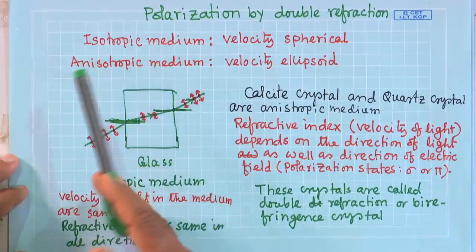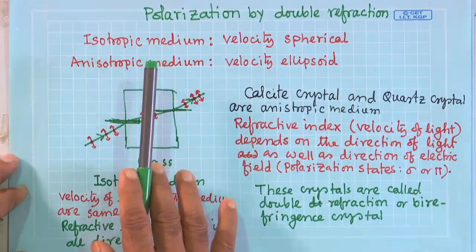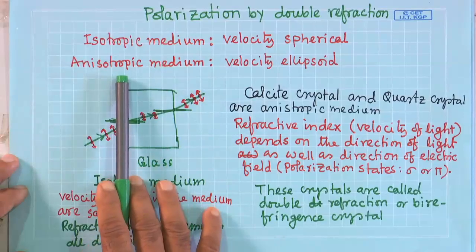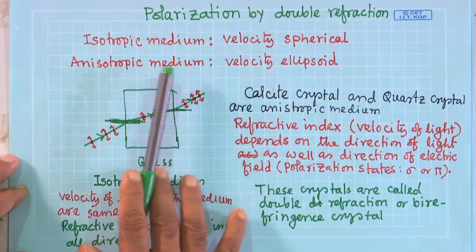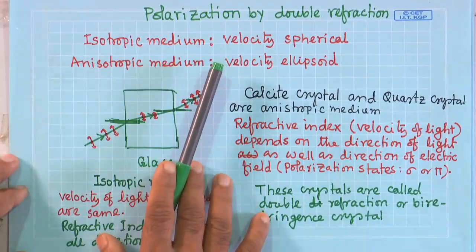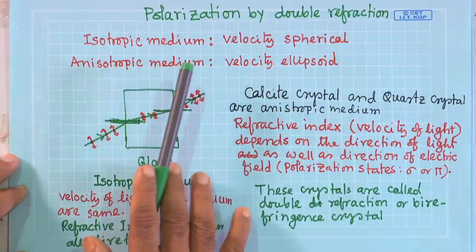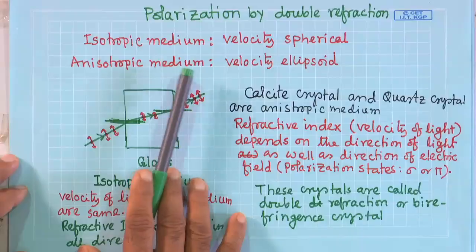For any property, the medium can show isotropic or anisotropic behavior. In this case, we consider the velocity of light through the medium, whether in all directions the velocity of light is the same or not.